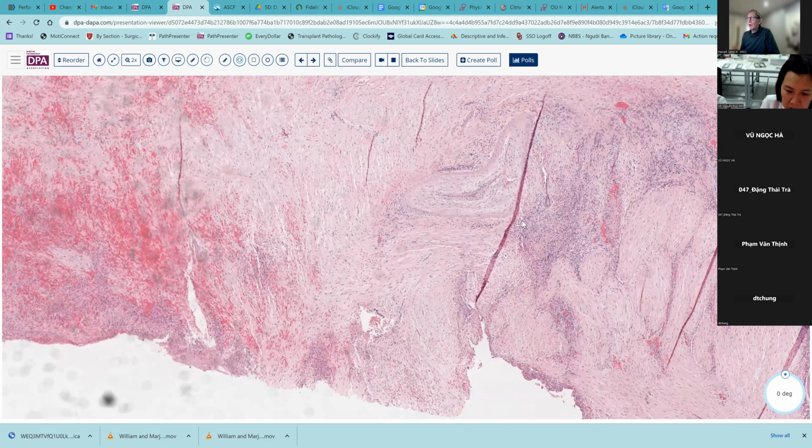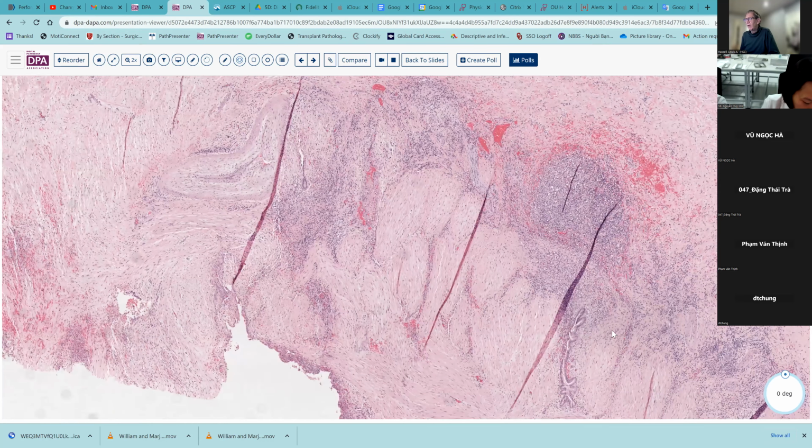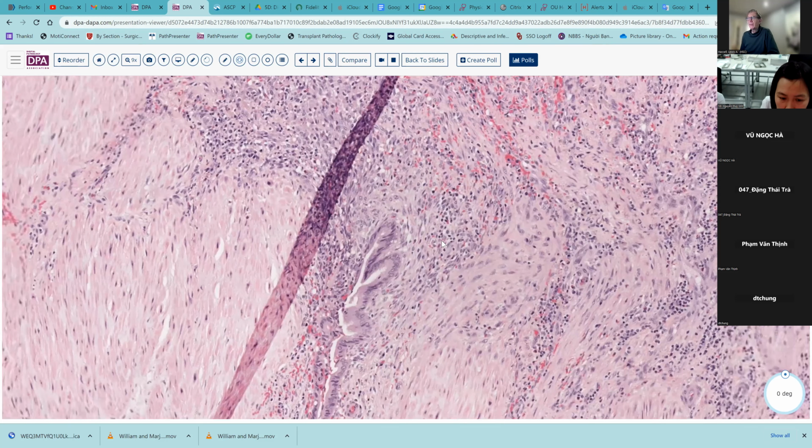So it's very good to remember that these Rokitansky-Aschoff sinuses can look a lot like invasive carcinoma. As you can see here, there is sort of a desmoplasia associated with that, this streaming, fibrosing process around the gland.